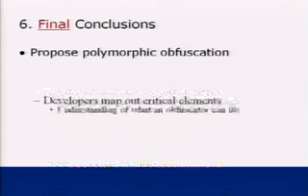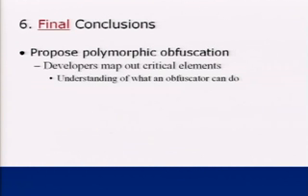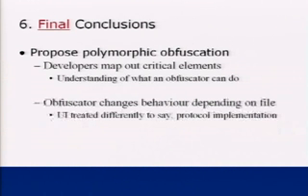It's not just a fancy term, it's that you need to engage the development team if you want your code not to be easily reverse engineered and have a heavier hurdle of obfuscation, and map out the critical elements. Then you understand what an obfuscator does, and different elements of the application will be obfuscated in a different way because you'll be feeding different algorithms to it. That's where polymorphic comes in as a notion.